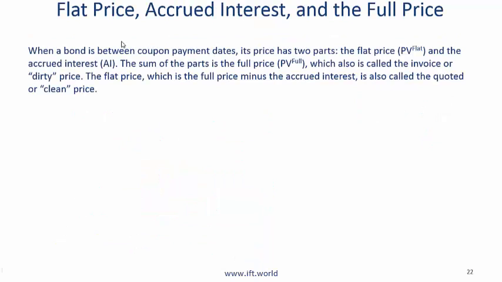Next point, which again I think is quite testable: flat price, accrued interest and the full price. When a bond is between coupon payments, its price has 2 parts, the flat price and accrued interest. The sum of the parts is the full price, which is also called the invoice or dirty price.